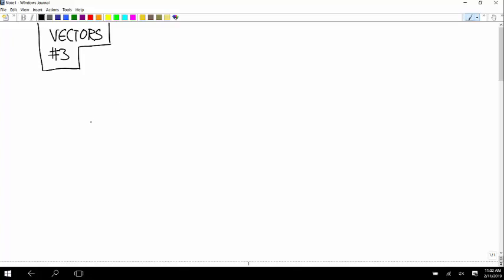So there's a vector A, and it makes an angle of 20 degrees with the horizontal. And then there's a vector B that makes an angle of 15 degrees with the vertical.